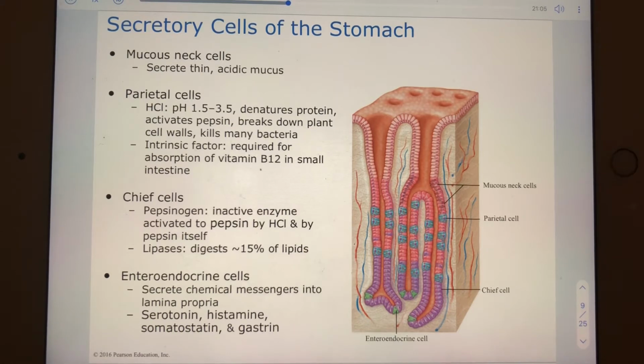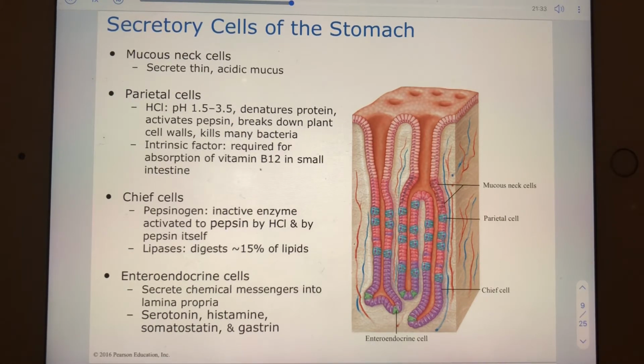And then the fourth type of cell that we can find in gastric glands are the enteroendocrine cells. And enteroendocrine cells produce, as you might guess, hormones and cell signals, including serotonin, histamine, somatostatin, and gastrin.